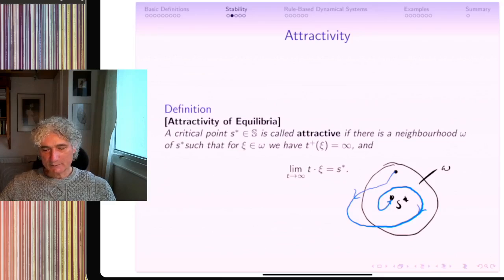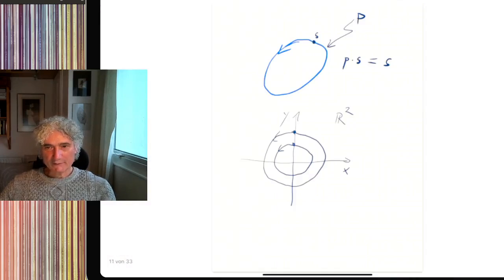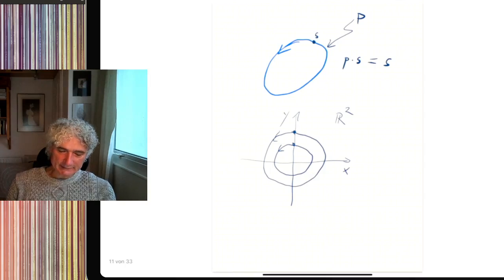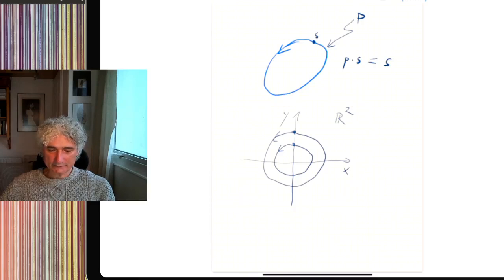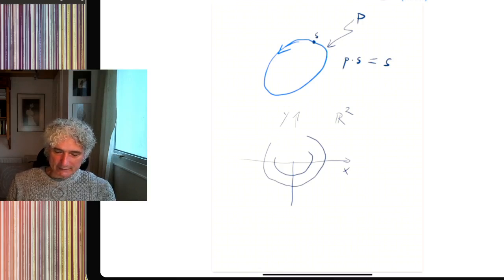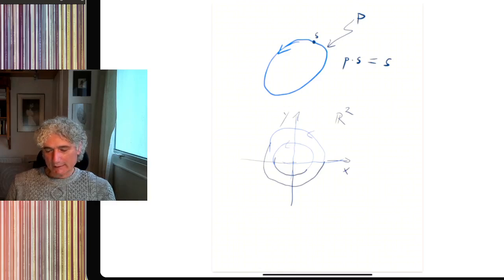One example I did draw previously: if you look at the harmonic oscillator, you see that every such orbit is stable. Of course they are not equilibria, but you can also introduce stability for orbits, and then of course this here is an equilibrium even.